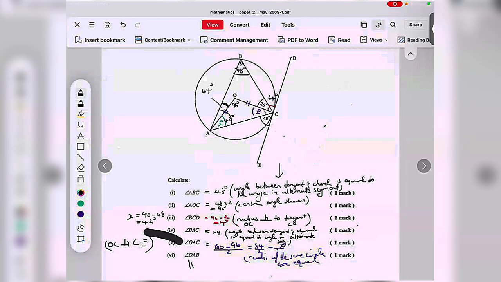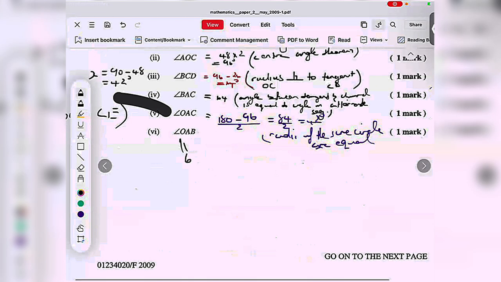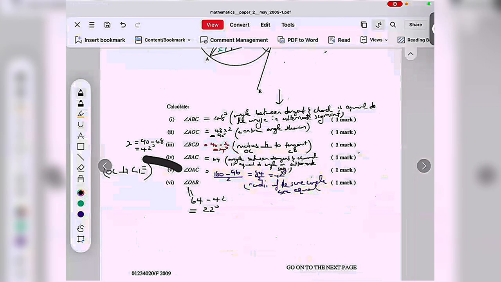So I take the 42 from the 64. That is correct. So 64 minus 42, because we just found the 42 a while ago, and we already established the 64. So that angle is going to be simply what now? 22 degrees. No reason for that.